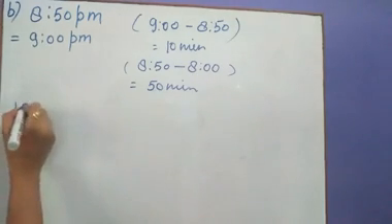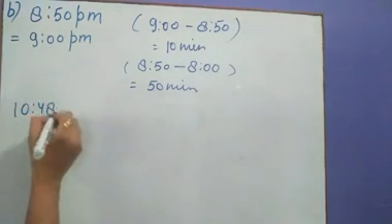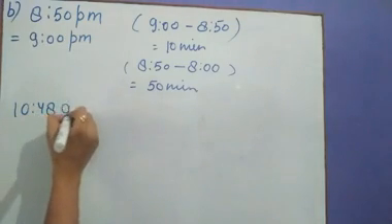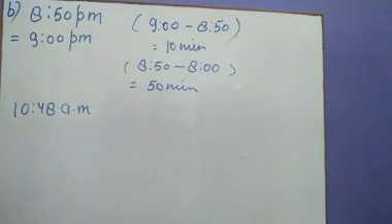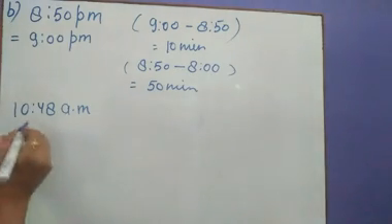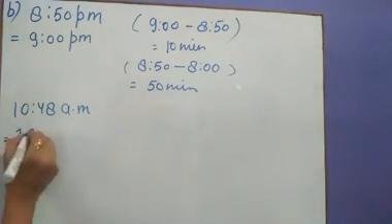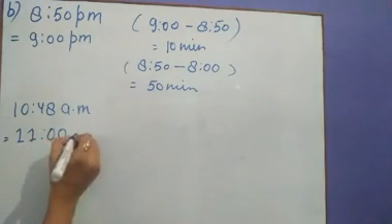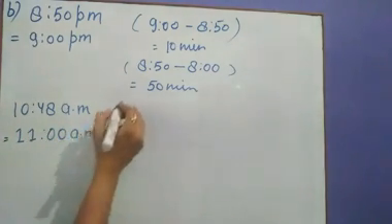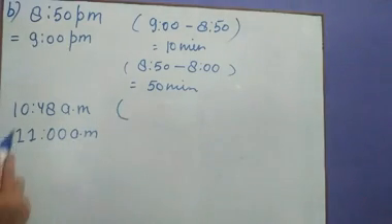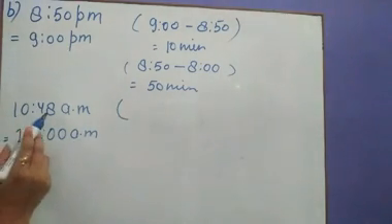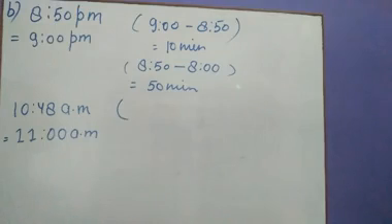The next is 10 hours 48 minutes. It is rounded up to 11 hours. Why? Because 10 hours 48 minutes lies between 10 hours and 11 hours.